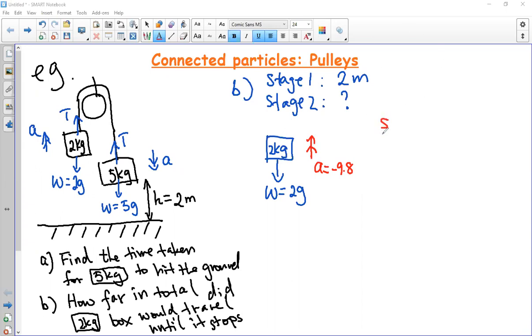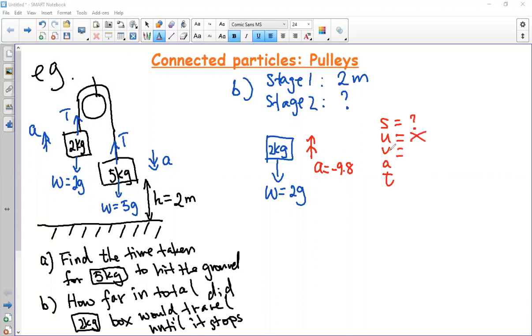So let's write out our SUVAT. Distance is something we're looking for. u, now, what would be its initial velocity? I don't think we'll work it out. Remember, the initial velocity at this stage would be the final velocity for stage 1, but unfortunately we didn't work it out. So cross it out, we don't know.